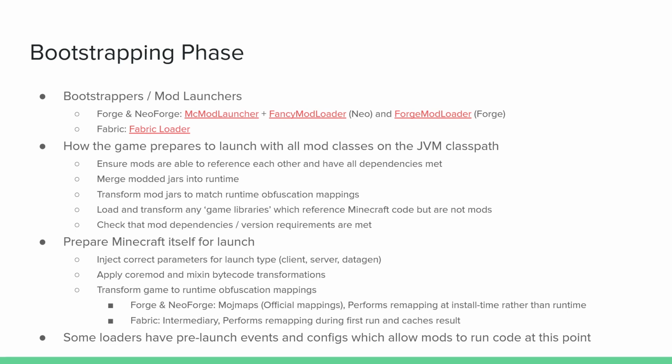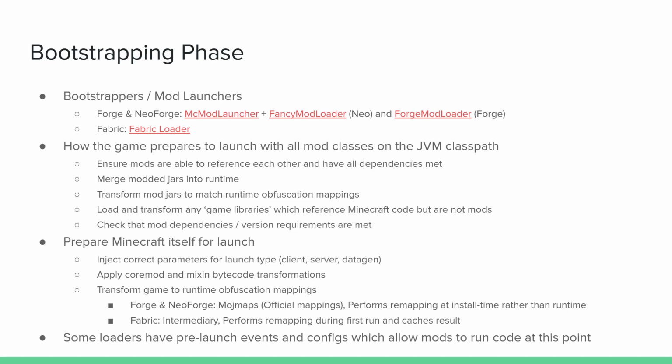So the Forges are a little weird because they split this functionality into 2 different things. So Forge Mod Loader, or FML, does the actual loading of the mod jars and stuff, but MC Mod Launcher acts as a plugin that Forge Mod Loader hooks into, and MC Mod Launcher also does the remapping stage and opening Minecraft stage. And then Fabric just uses Fabric Loader.